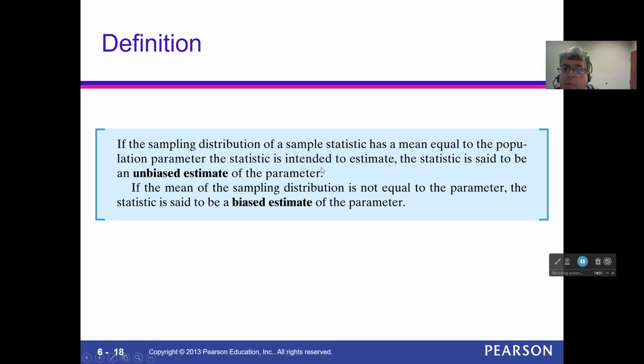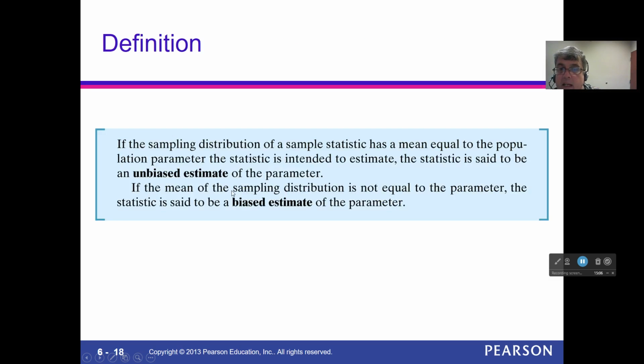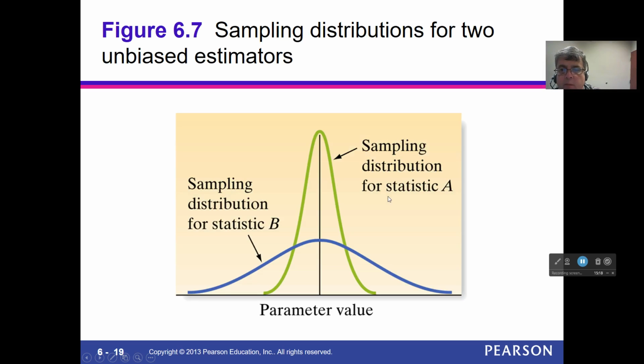If the sampling distribution of a sample statistic has a mean equal to the population parameter the statistic is intended to estimate, the statistic is said to be unbiased. If the mean of the sampling distribution is not equal to the parameter, the statistic is said to be biased. Okay, it could be over or under.